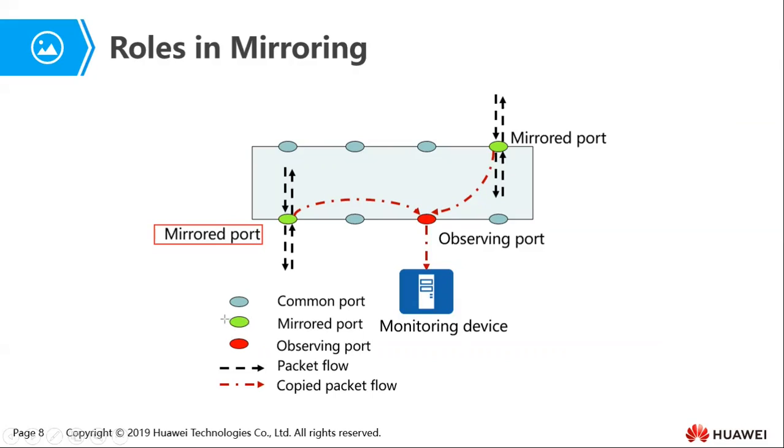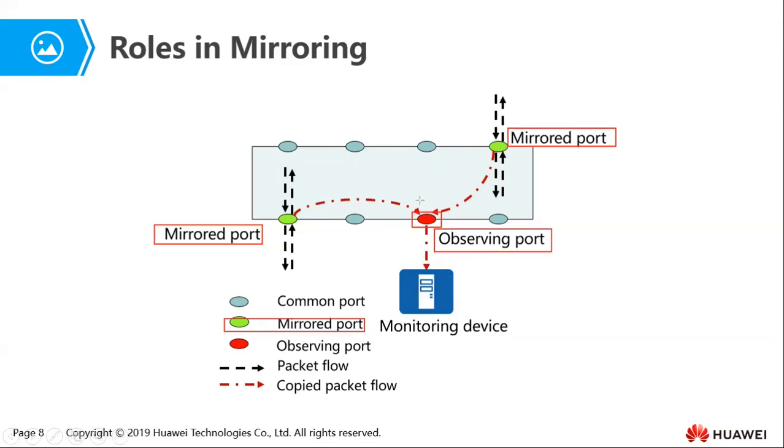So here you can see that we have two mirrored ports. Now, every packet that is coming in or going out of this particular port is also copied to this port. So that is the second port role, which is known as the observing port.